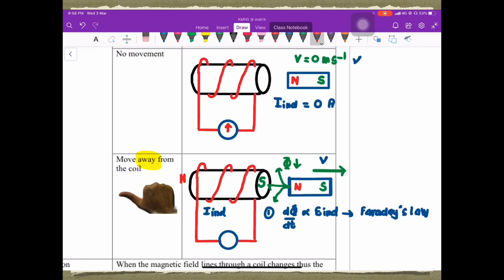By using the right hand grip rule, your thumb represents north and your fingers represent the direction of induced current. We can see here your fingers moving upward. This is the galvanometer.